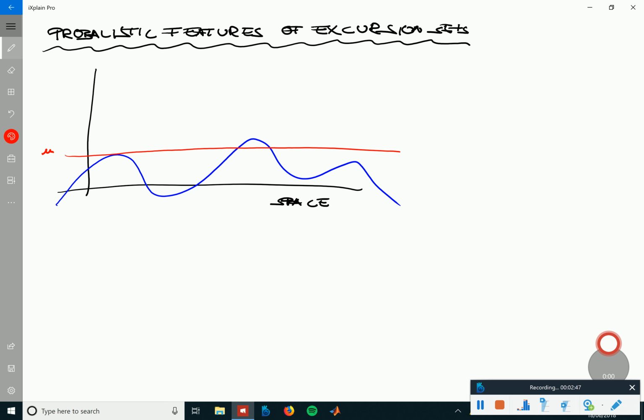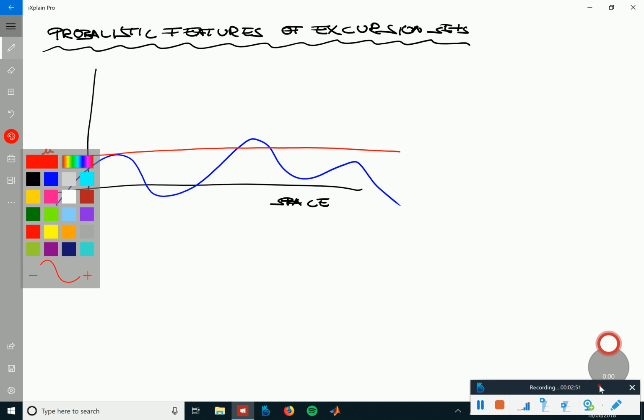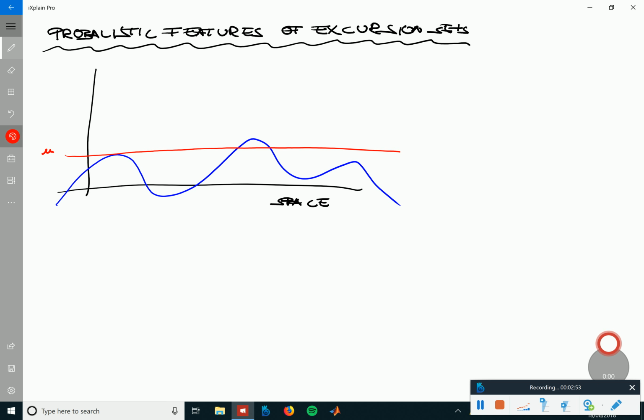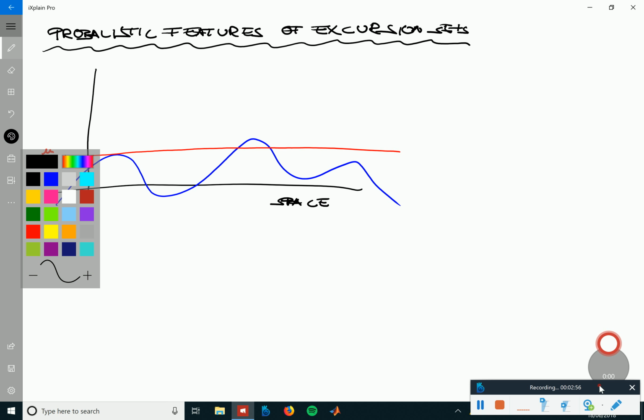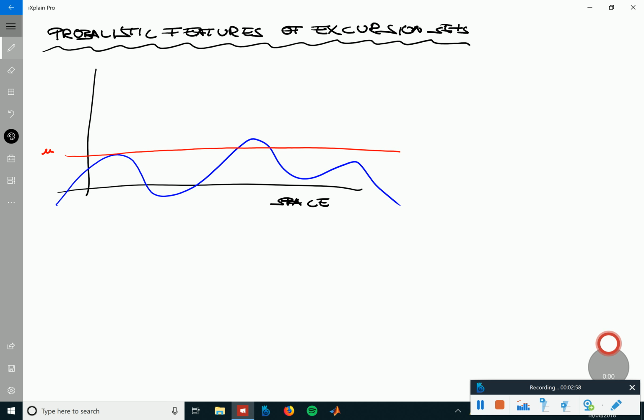And based on the definition of the excursion sets, which is a subset of the search space S here, we have been discussing some of the probabilistic features.